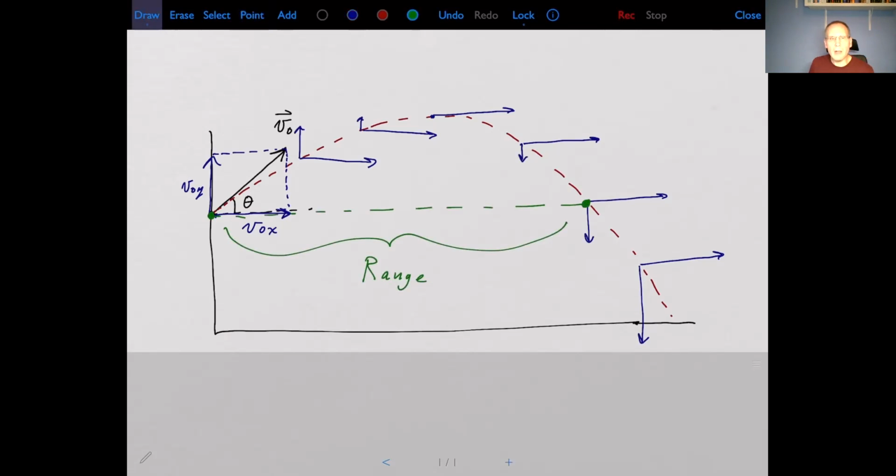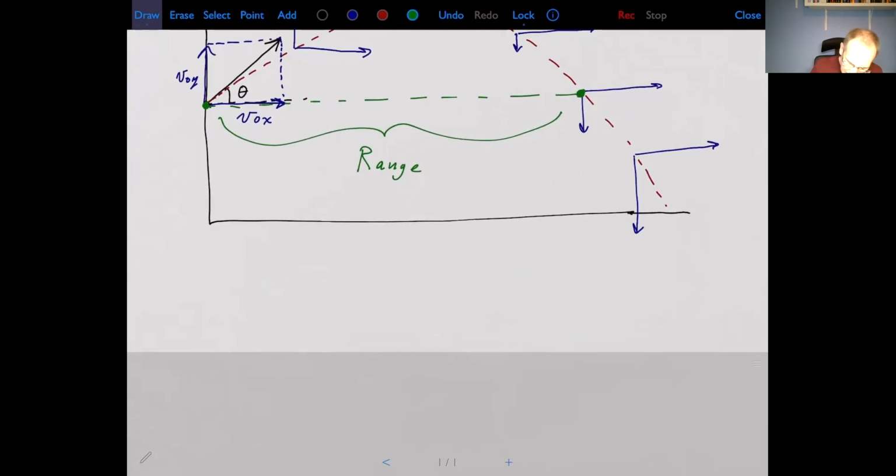A big part of our lab is going to be to investigate how the angle of the launch, how theta, what angle we launch the ball at, affects the range, or how the range depends on that angle. Now there's a formula for the range, and it depends on several things.